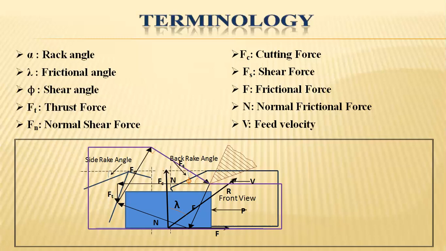N is the normal frictional force acting perpendicular to the frictional force. V is the feeding velocity. So at what ratio the tool should remove the material in the form of chips, and the particular thickness maintenance will be determined by this velocity.